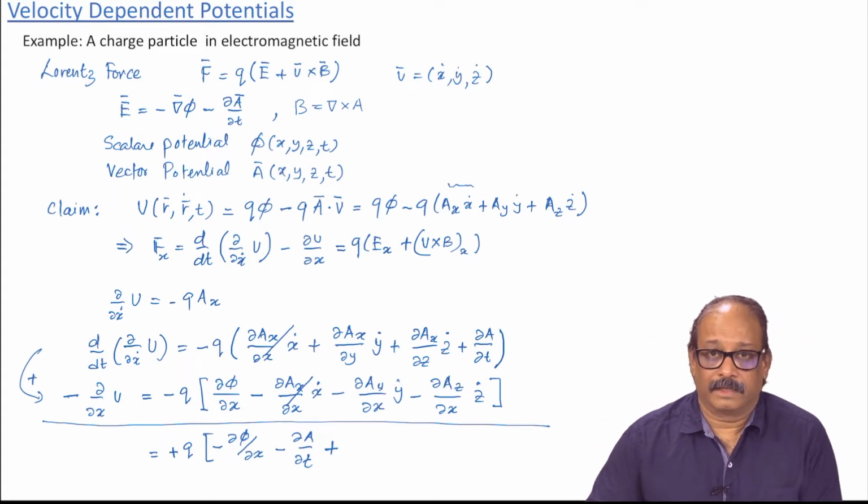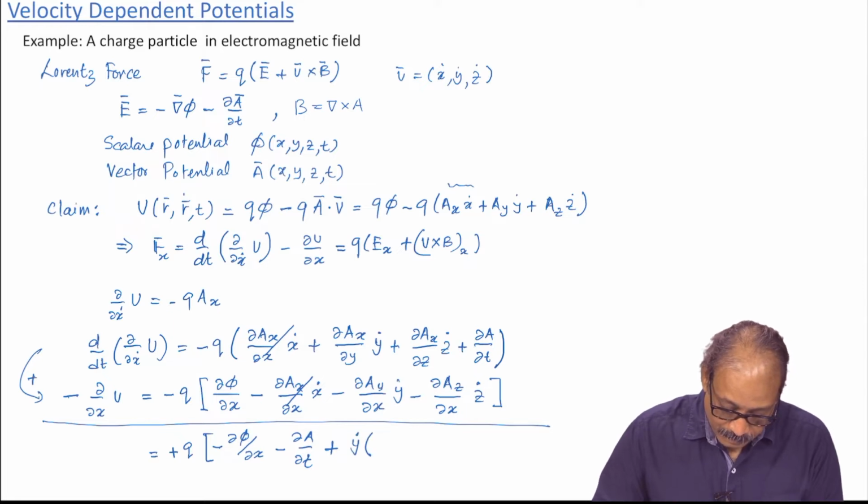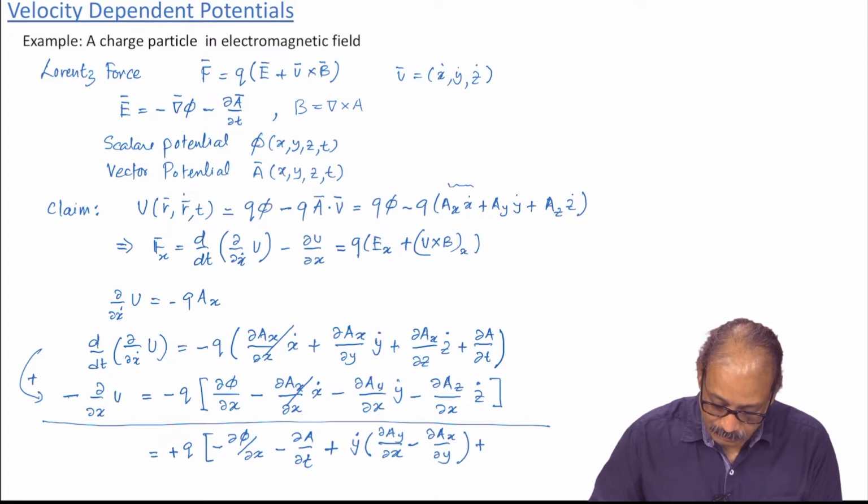and plus you have to collect the terms in y dot. So, you have y dot into, with a positive sign here, del A y by del x minus del A x by del y, and plus one more term which is in z dot, which is del A z by del x minus del A x by del z.